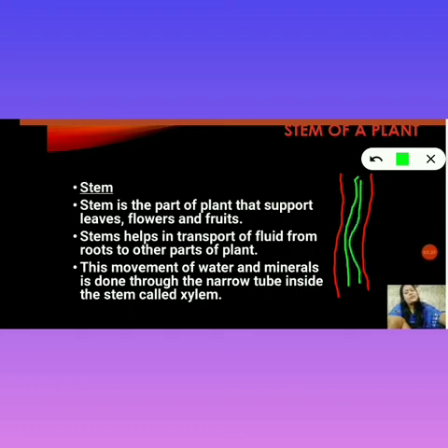Those tube-like structures help in conduction of water and minerals. These tube-like structures are called xylem, and they help in the upward movement of water and minerals. I hope you have understood that.